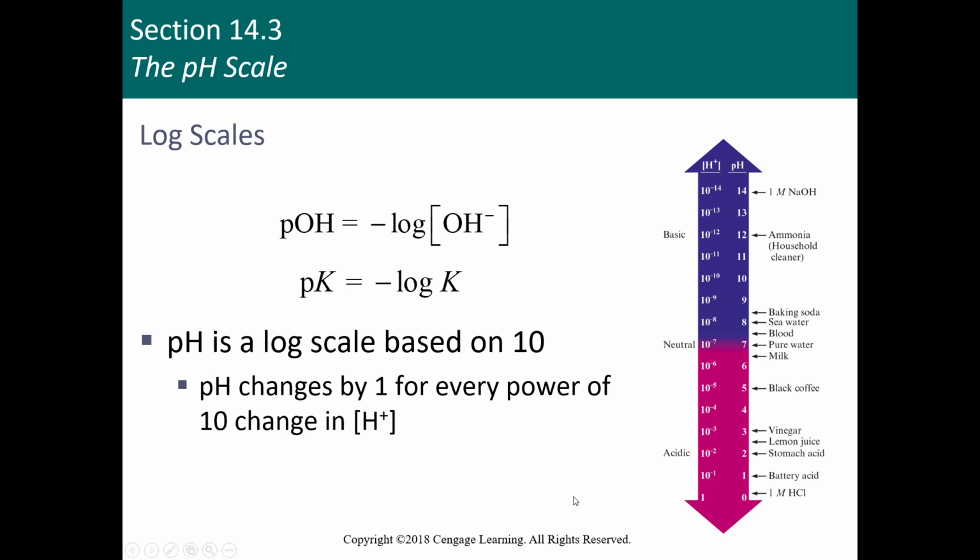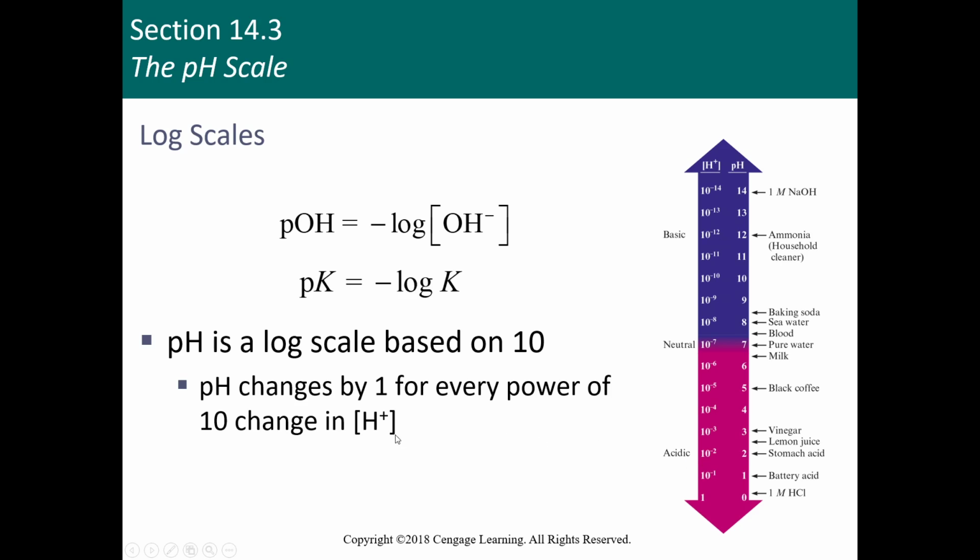Now remember, when we look at a pH scale, every 1 unit is going to be a 10 times change in the H+. What does that mean? Well, pH 1 is 0.1 molarity H+. If we go up to pH 2, that's 10 times less, so you'd be talking about 0.01 molarity H+.